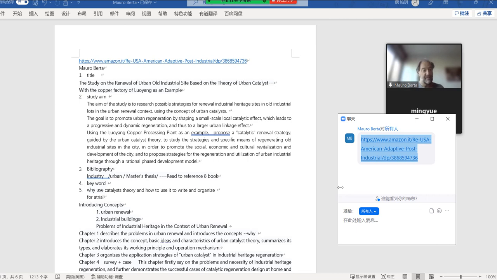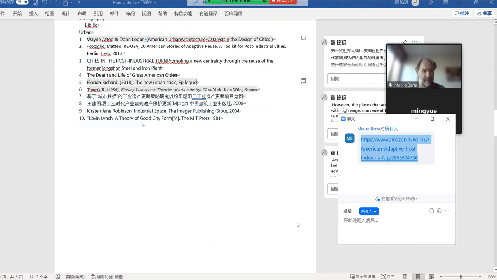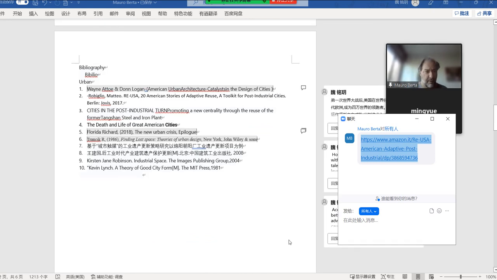Besides this, if you want to use this book, I don't remember the authors of the book Urban Catalysts, but for sure Industrial Heritage. Yes, Wayne Etto and Don Logan. Okay, if you want to use these specific experiences as an inspiration for your work, that's perfect.